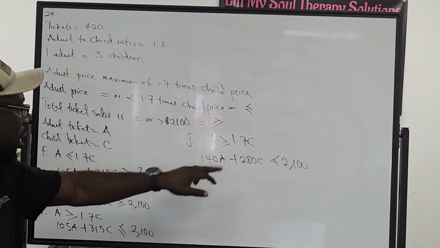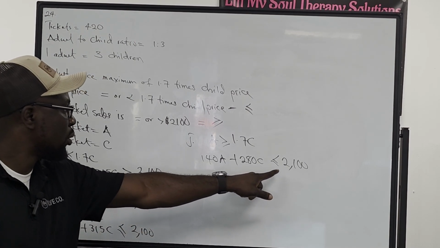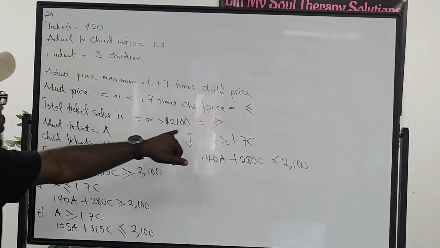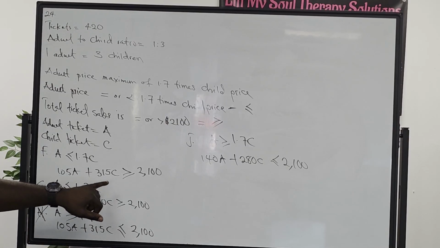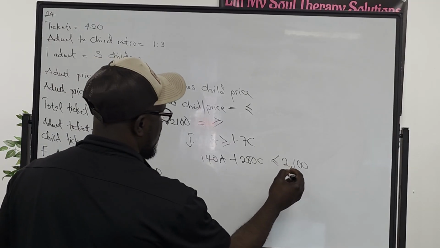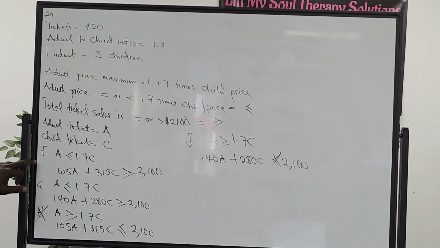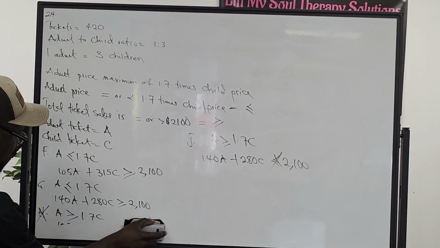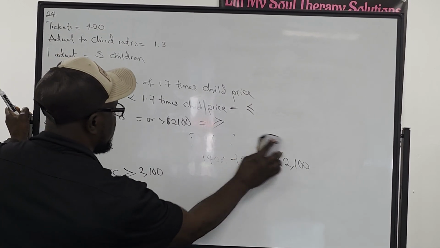And then for the total price, it has to be greater than or equal to, so this one is less than. We can write H out. Option J is also less than here, so you can write that out. It has to be greater than. So now you have only F and G as your viable options, right? So I'm going to take these two out, because once you interpret the statement, the answer becomes clearer.